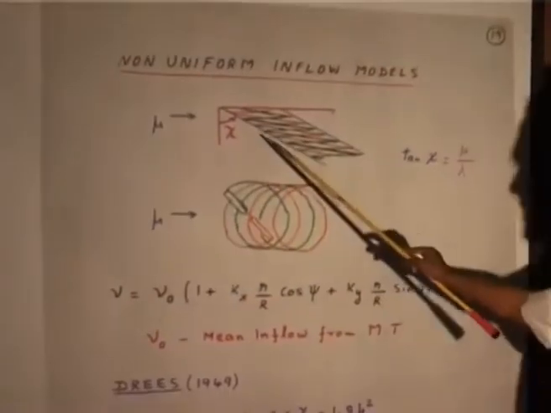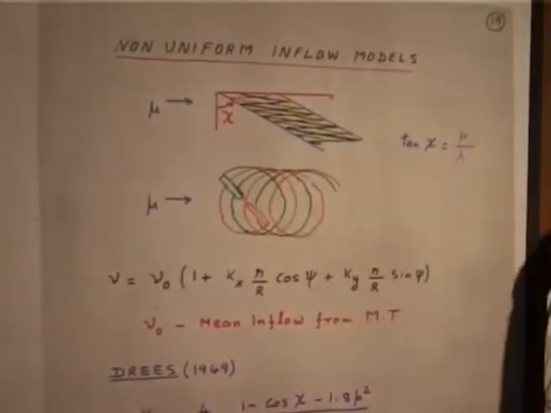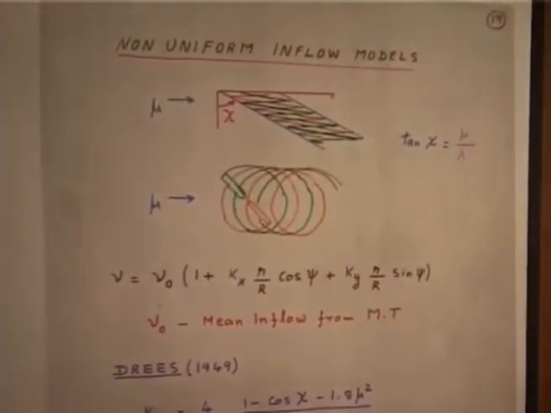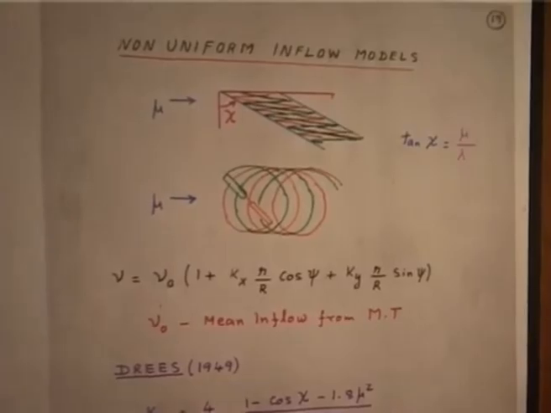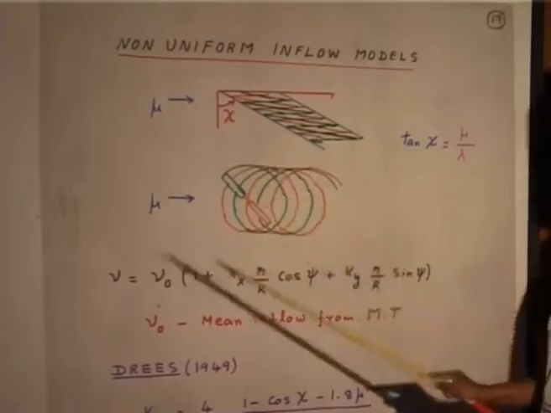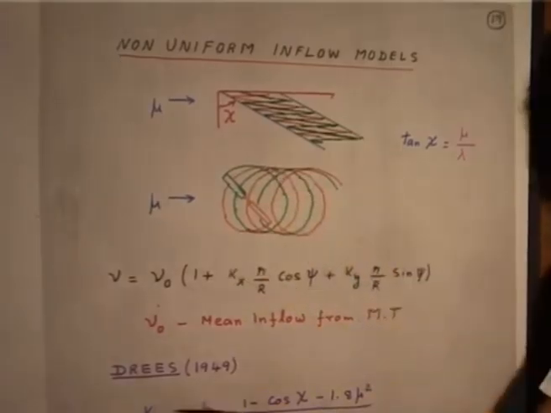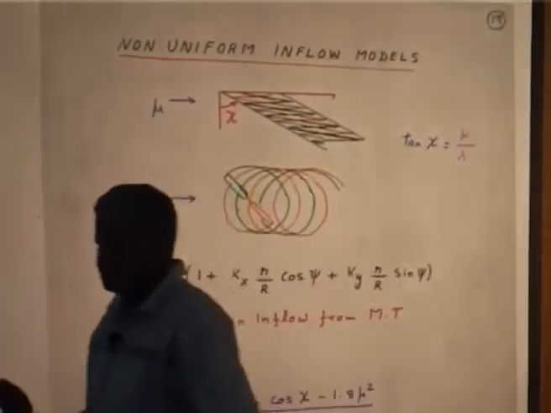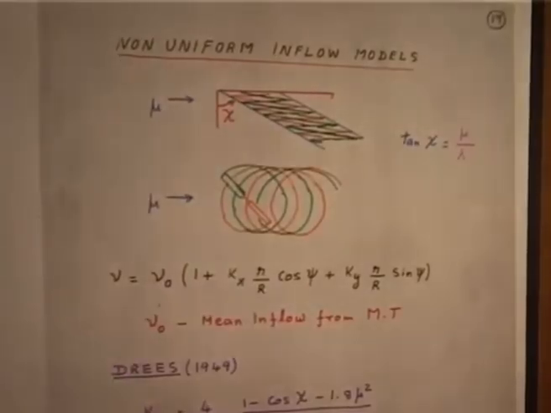I am going to show how the wake, which I have just drawn for two blades, keeps moving behind, because each blade will give out a tip vortex as well as a shed vortex. I showed you, you will have trailing as well as shed.